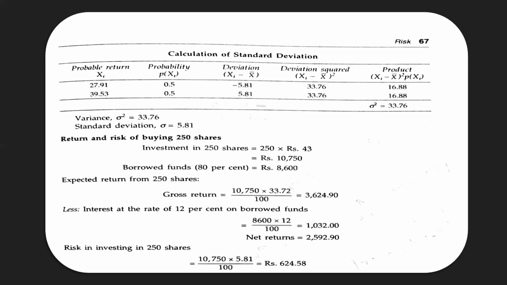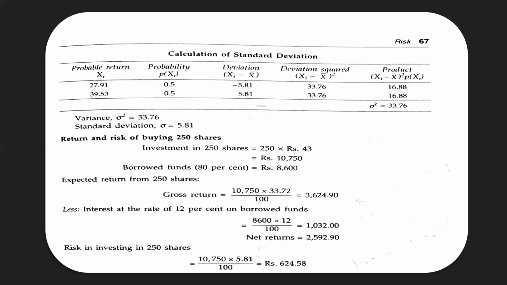So what is the return that you expect out of this investment? 10,750 into 33.72 divided by 100 will give you 3,624.90.